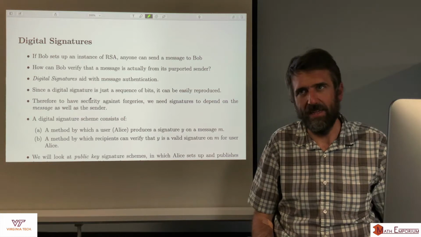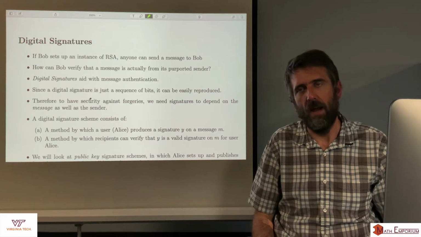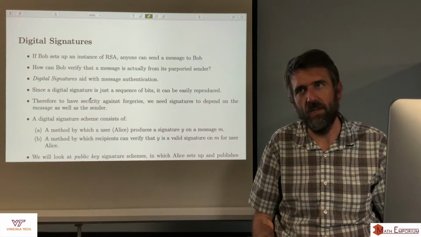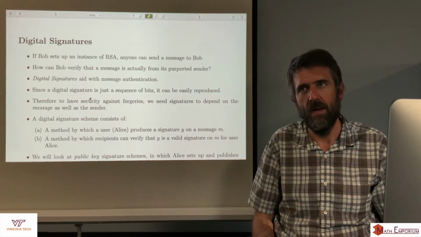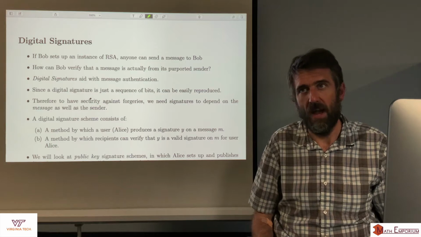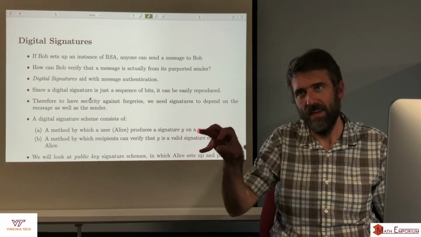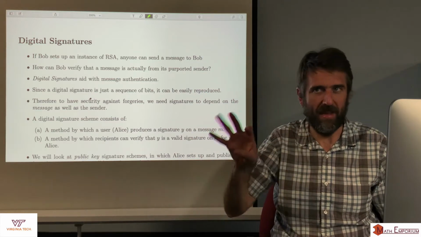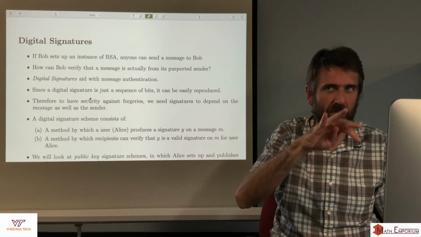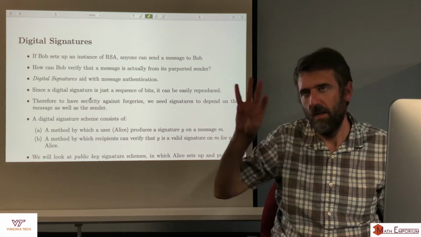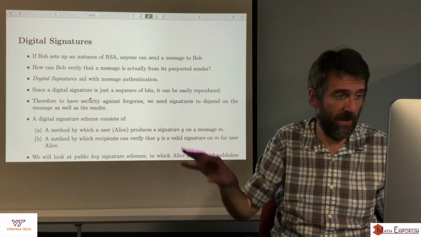When we're sending digital messages, the way around this is that the signature is actually going to have to depend upon not only the signer but also the message. Right? So every message that I sign with my digital signature is actually going to get a different signature, a different sequence of bits. So nobody can take the sequence of bits I use to send one message and try to apply that to another message. Okay?